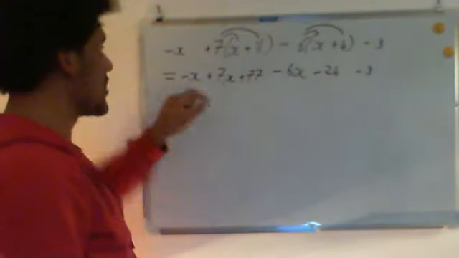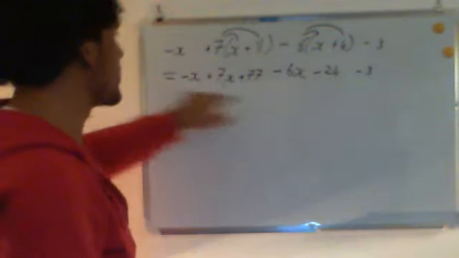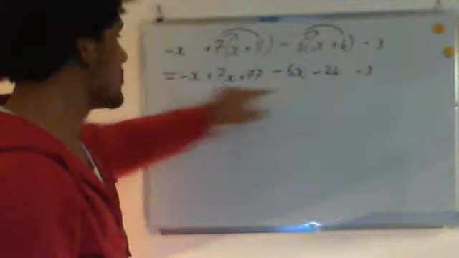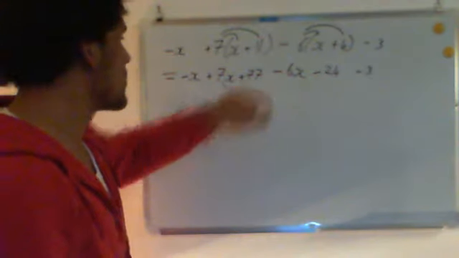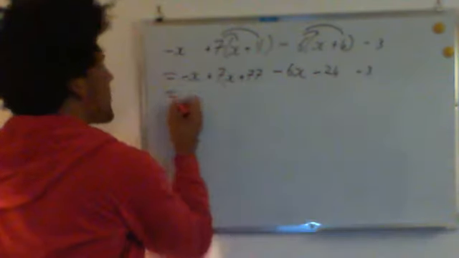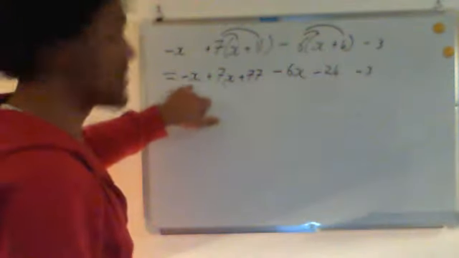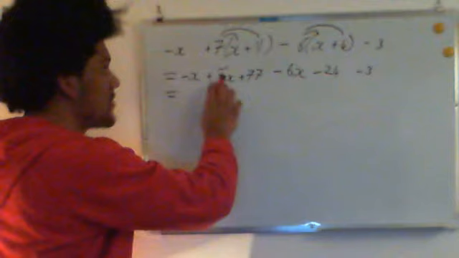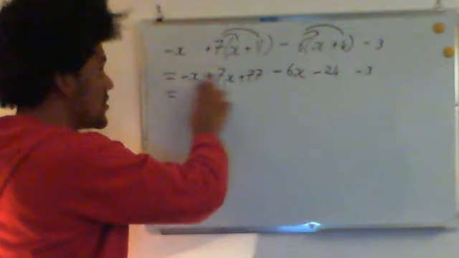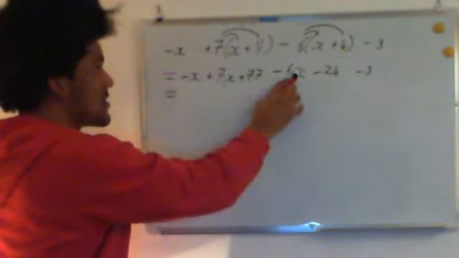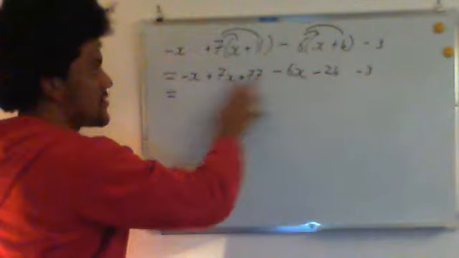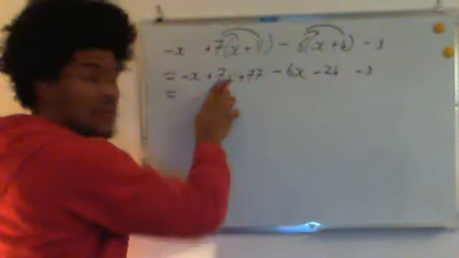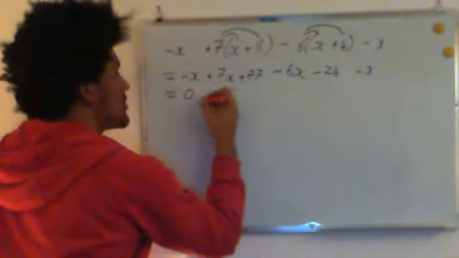Now what you do is you collect the terms together, so you collect all the x's together. Now you have minus x, you have minus 6x here, and you have 7x here. So that's going to be minus 7x, and that's going to be 7x, so they're going to equal 0. So it's going to be 0x, which is just 0.